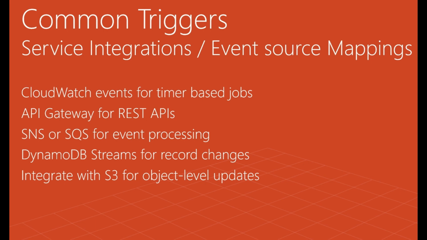AWS handles the scaling behind the scenes. Lambda functions can run concurrently in response to multiple events, allowing you to process events quickly and efficiently. Lambda functions receive data from trigger events, enabling you to respond to and process event specific information.